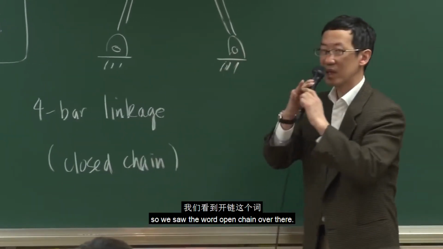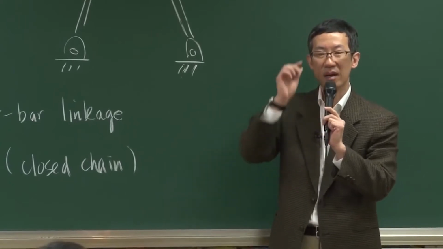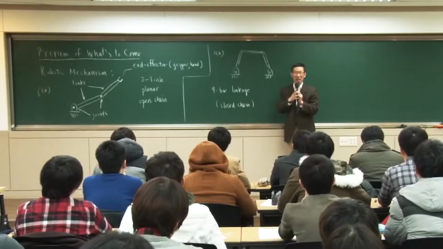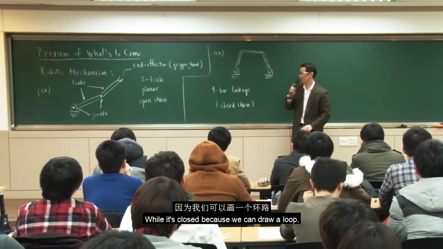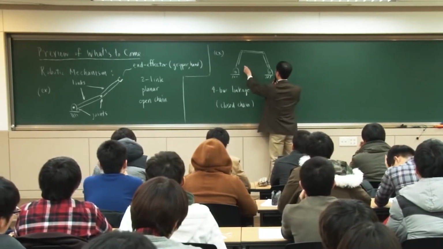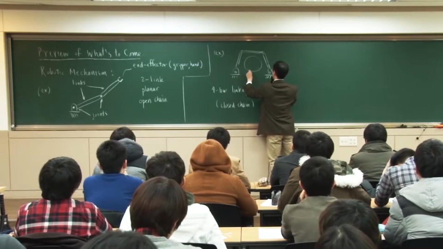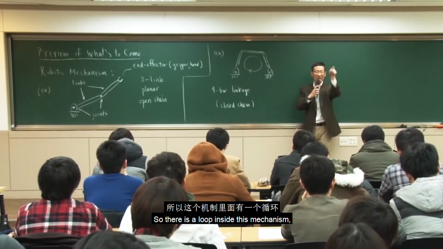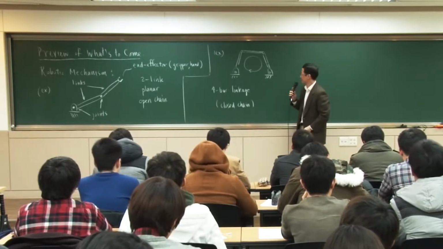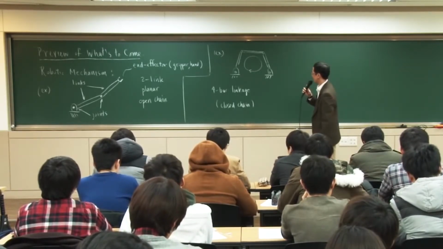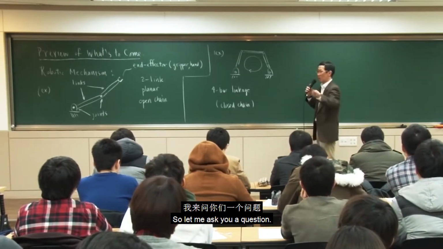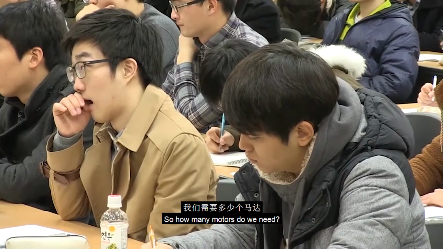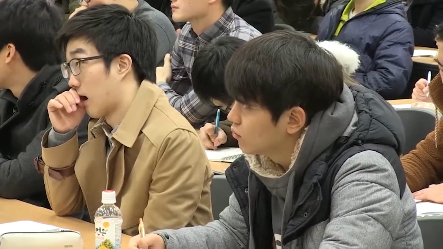Okay, so we saw the word open chain over there. Okay, so now the question is, why is it called closed? Well, it's closed because we can draw a loop. Okay? So there's a loop inside this mechanism, so it's a closed chain. Okay? All right, so let me ask you a question. So how many motors do we need?